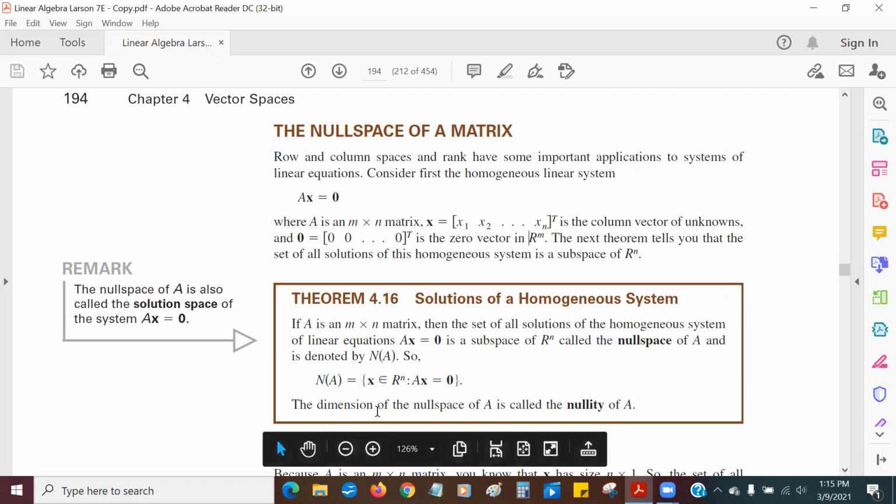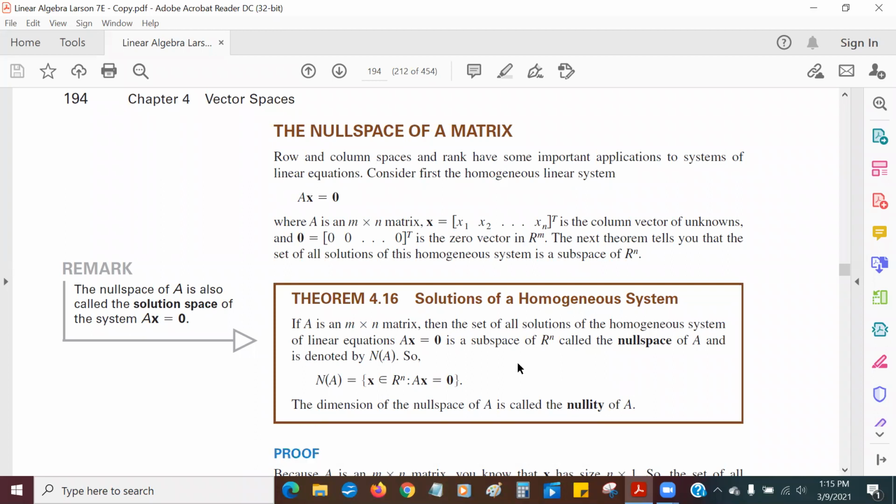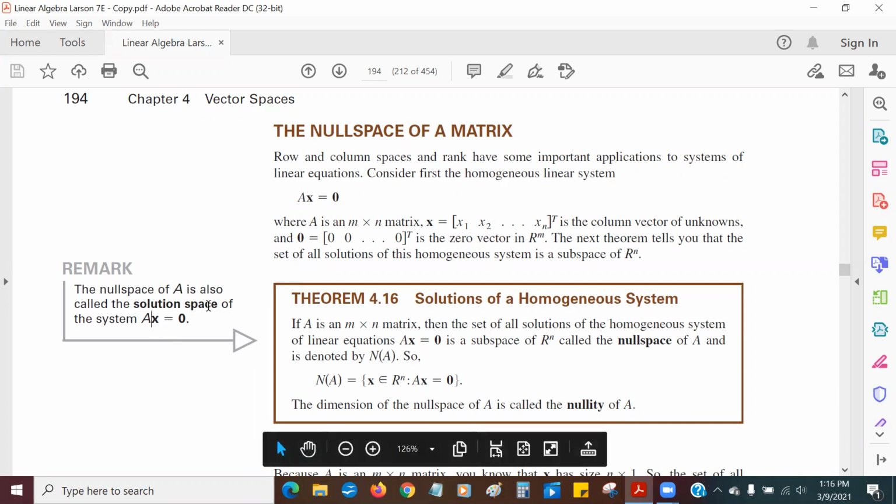And the dimension of that subspace is called the nullity of A. So the nullity of A means the dimension of the null space of A, which is the subspace of Rn consisting of all the solutions to this homogeneous system of equations. Sometimes they refer to this as the solution space for the system AX equals 0, in case you ever see that term.